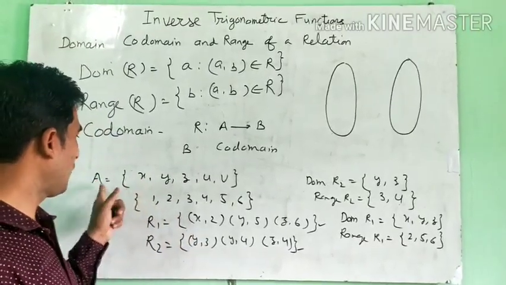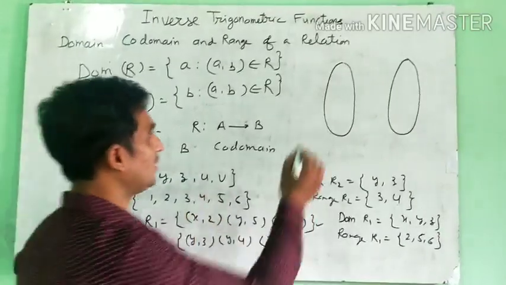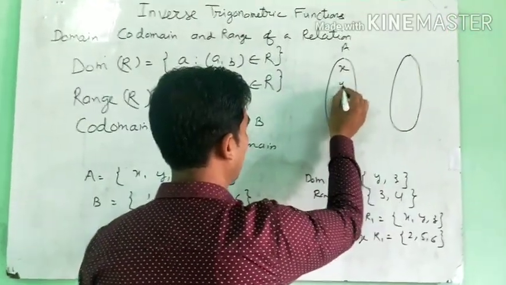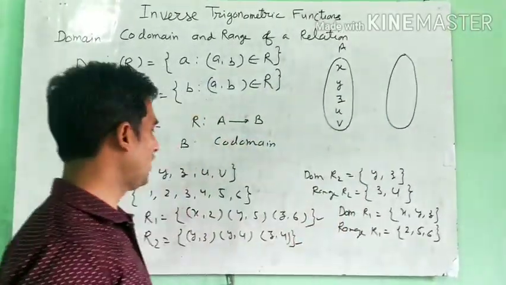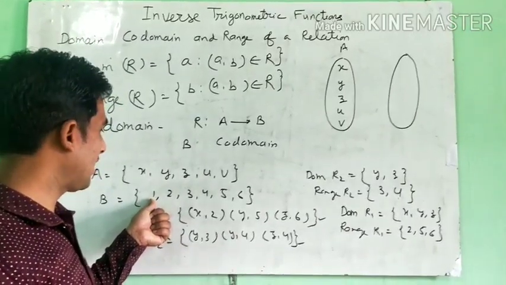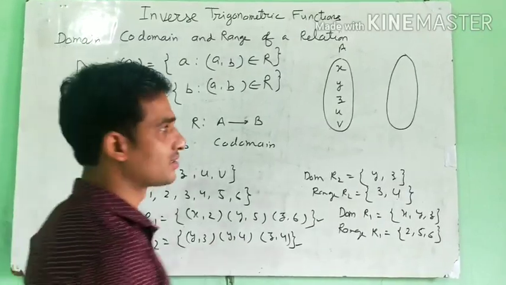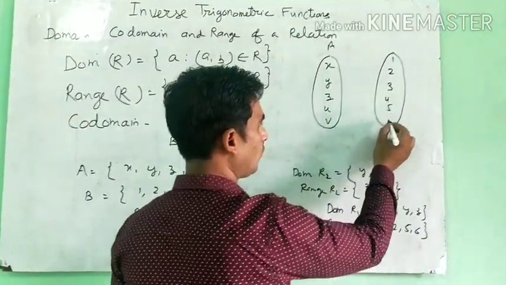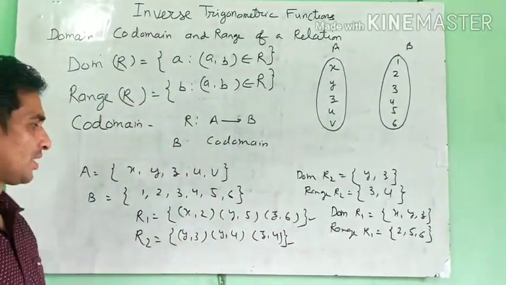The elements of set A are X, Y, Z, U, V, and the elements of set B are 1, 2, 3, 4, 5, 6.